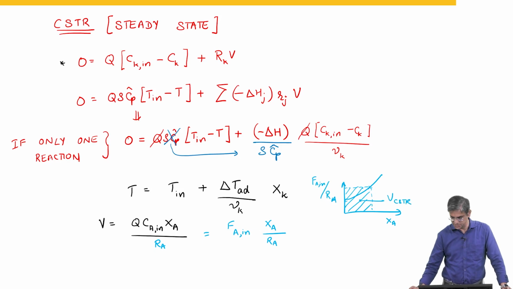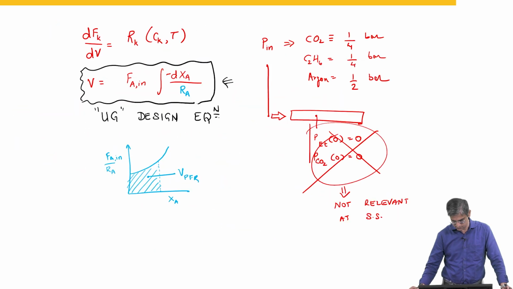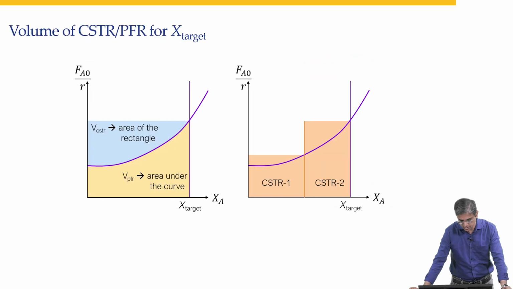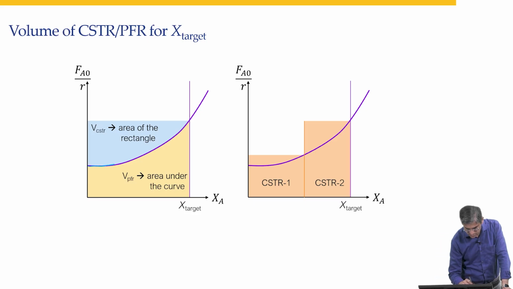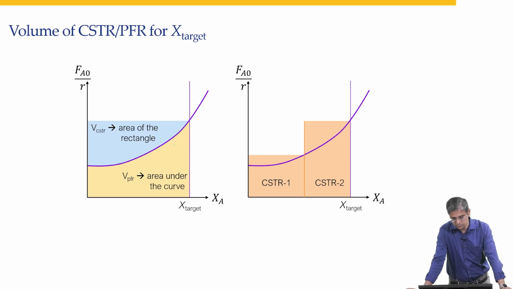This is the volume of CSTR. Okay, and this is essentially what this slide shows. If this is F versus R, the area under the curve is the volume of PFR, and the area of the rectangle is the volume of CSTR.